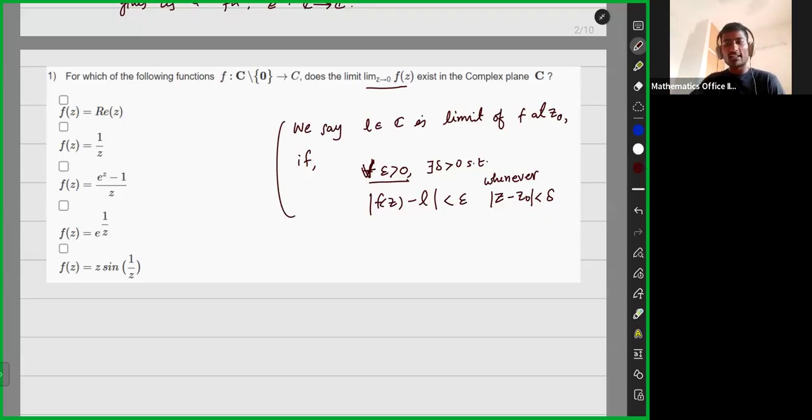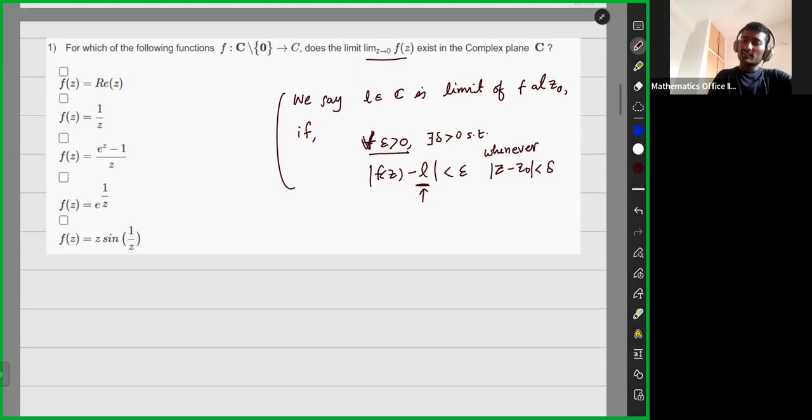In the definition of continuity, in place of this L we just put f of z naught, so the limit is equal to the function value at that point, and that is one way to check continuity of f at z.